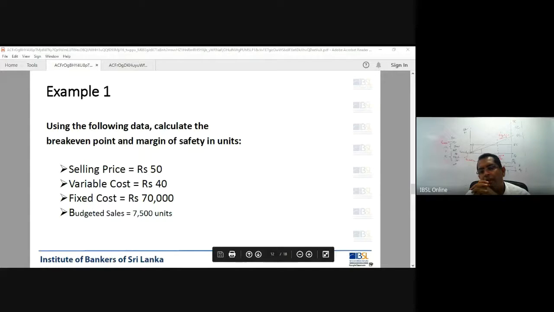Break-even quantity equals fixed cost divided by price minus, Vishwa, thank you, correct, price minus variable cost per unit. Dashini is correct, 7,000 to 500.